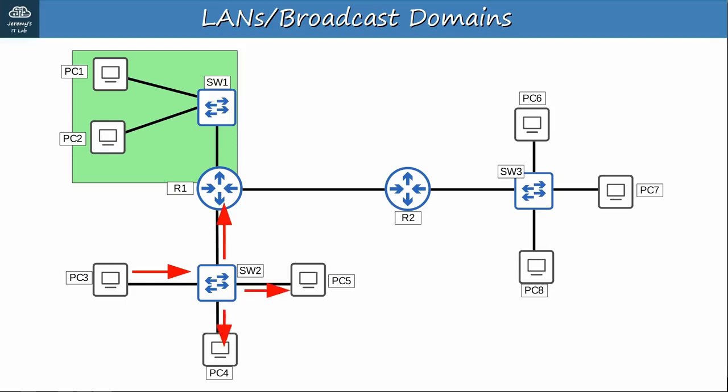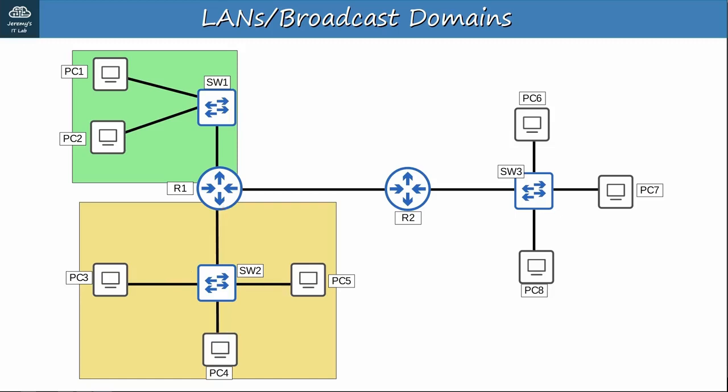Switch 2 will receive the frame and flood it out of all interfaces to R1, PC4, and PC5. R1, however, will not forward the broadcast frame. So that's the broadcast domain. PC3, PC4, PC5, switch 2, and one of R1's interfaces. So far we have found two broadcast domains. Now how about if PC6 sends a broadcast frame?